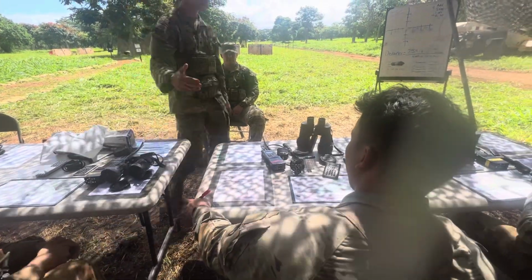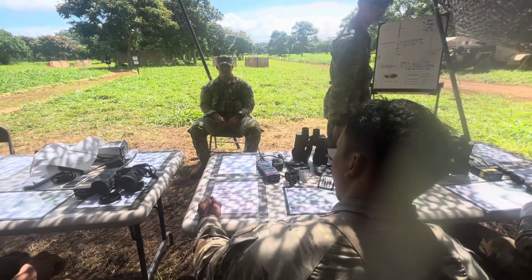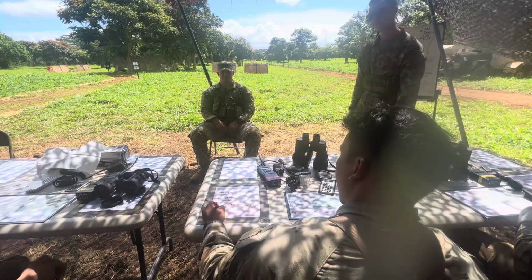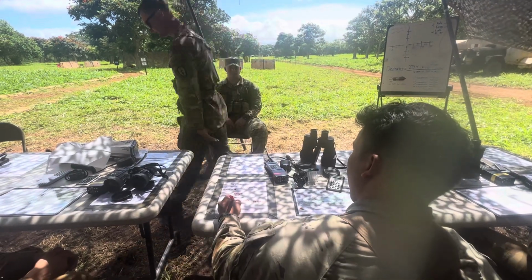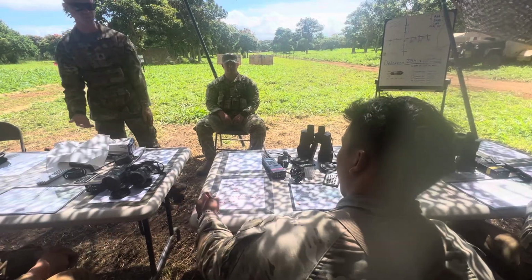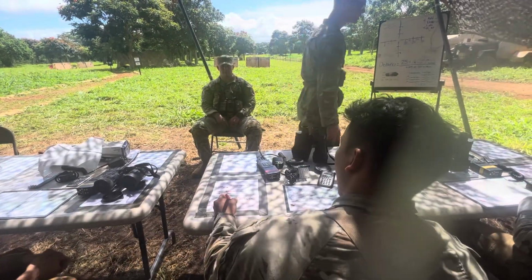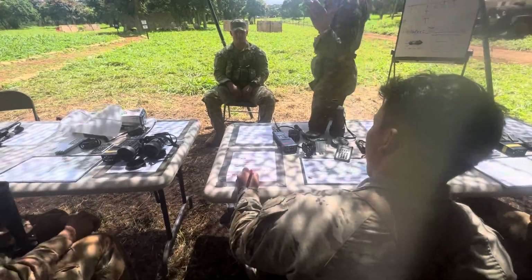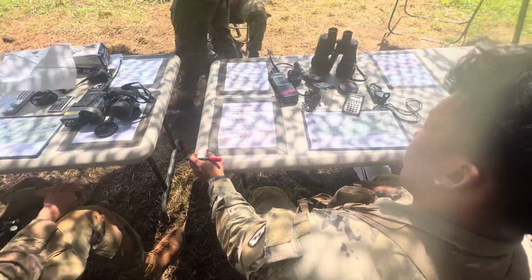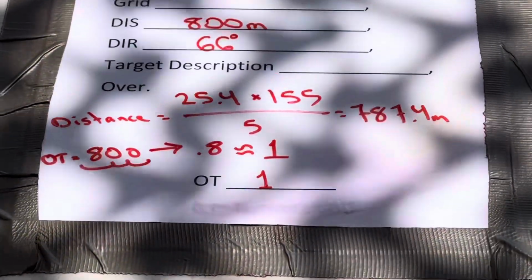To determine your OT factor, you take the distance which you just found and divide it by 1,000, or you could just move the decimal place 3 points to the left. In this case, it would give you 0.8. We round to the nearest whole number on your OT factor. That being said, 0 to 1499 will put you at an OT factor of 1, and so on: 1500 to 2499, you get the picture.